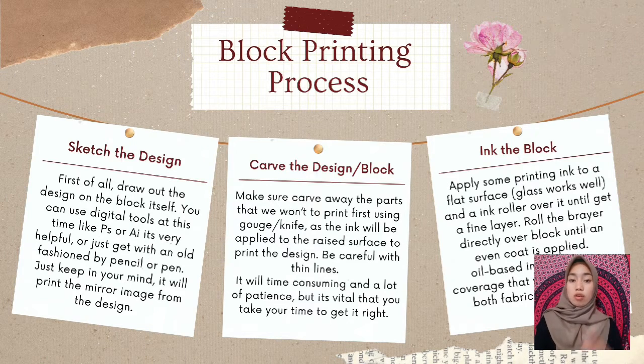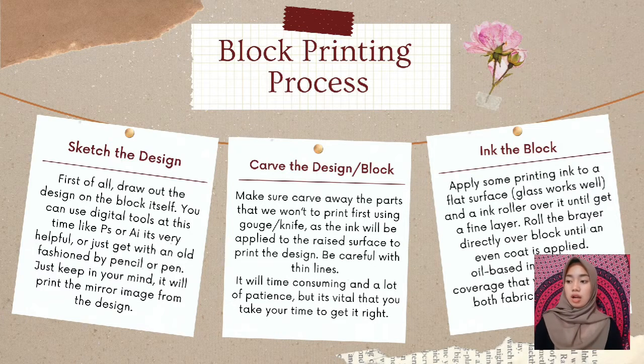Just keep in mind that it will print the mirror image of the design. Then we have to carve the design on the block. Make sure to carve away the parts that we don't want to print, using a gouge or knife, as the ink will be applied to the raised surface to print the design.